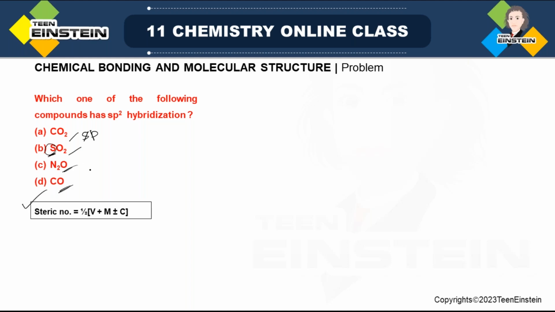So if we have previous knowledge, then only we can apply this method. You have to know first whether a coordinate bond is present or not. If it is not present, you can apply this formula. It is simple. But if a coordinate bond is present, then first of all you have to know its resonance structure and bonding pattern, and only then can you understand what the hybridization will be.